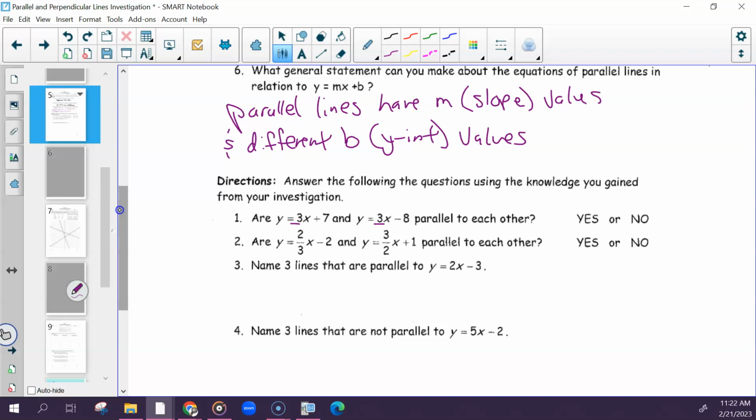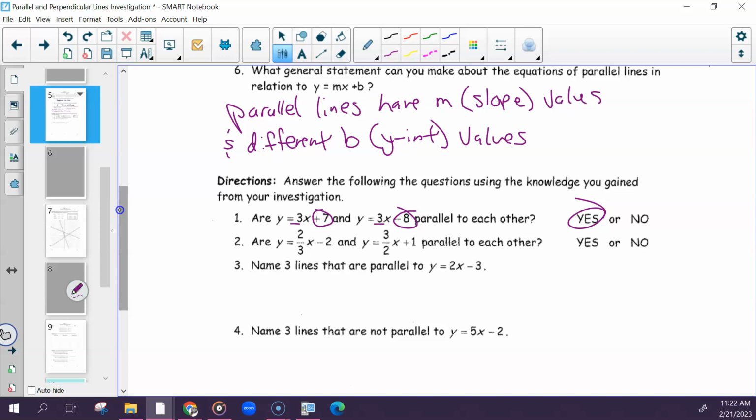Different b values, yes. So because of both of those things, they are parallel. If only one of those things happened, they would not be parallel. Like, if they had the same slope and the same y-intercept, they would not be parallel lines. They'd be the exact same line. If they had different y-intercepts but not the same slope, they would not be parallel. Right, so keep that in mind.